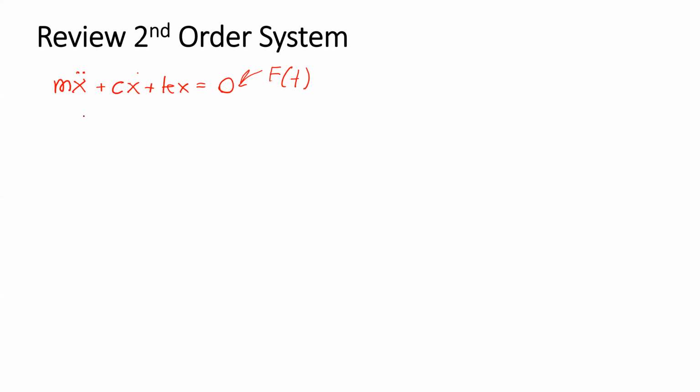So from last week, if you can remember, we did something like this. We transform the equation by dividing by mass, and we transform it to the standard form of the second order system. The standard form means in terms of the damping ratio and the natural frequency.